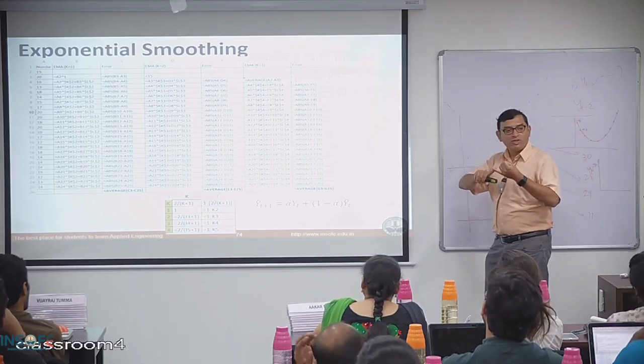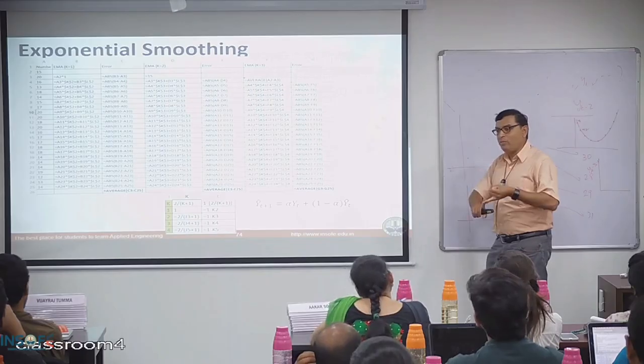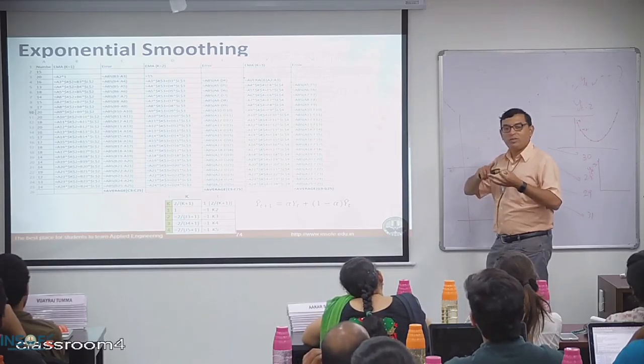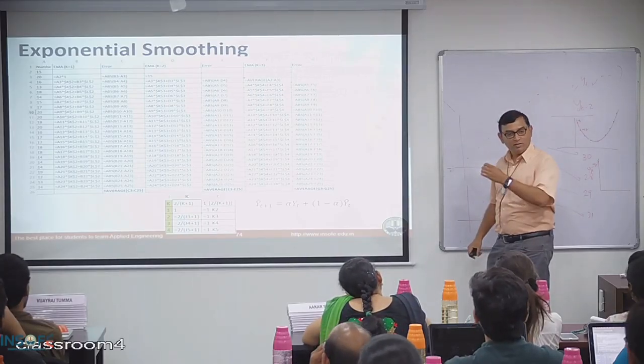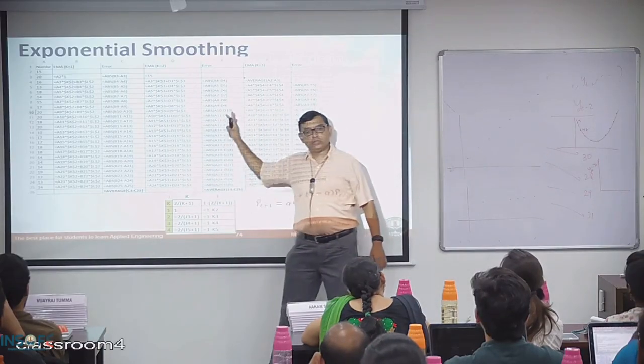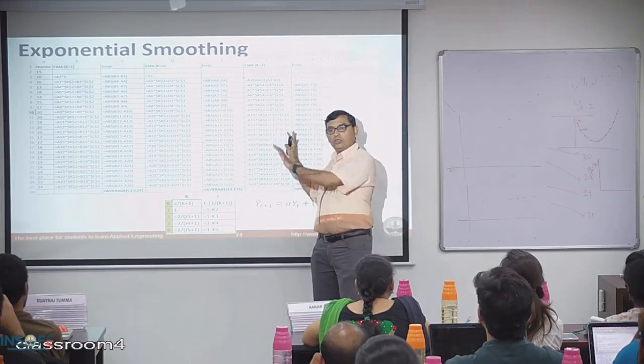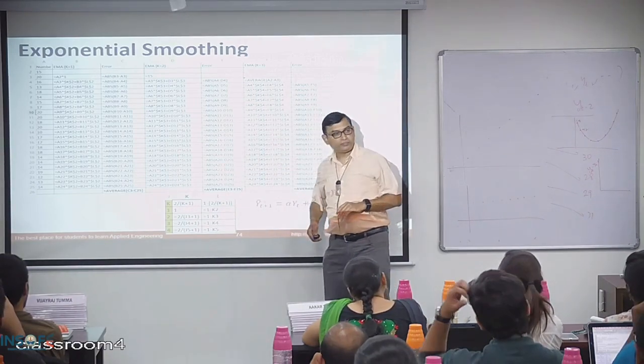Simple moving average command is SMA. Weighted moving average command is WMA. Exponential moving average command is EMA. Right? And all you need to do is specify the window length, and it will do these computations accordingly. But you should look at the Excel sheet to make sure that you understand how it's actually done.